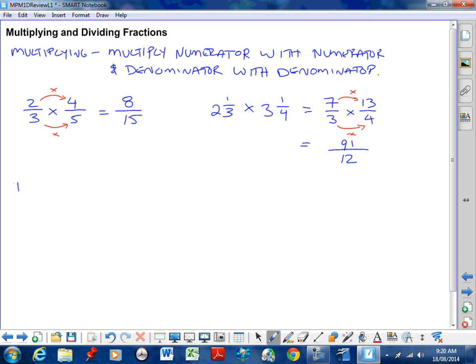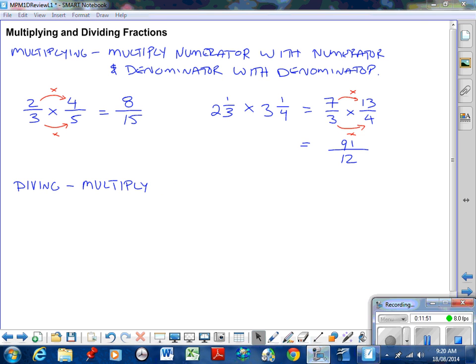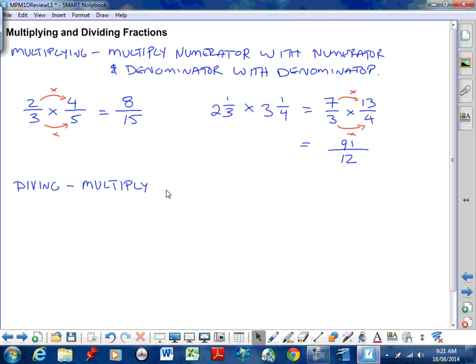And finally, dividing. Multiply by the reciprocal of the second fraction.